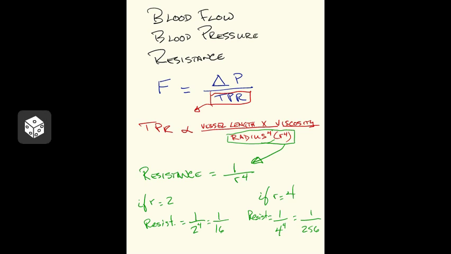And that's directly proportionate to the length of a blood vessel. The longer the vessel, the more resistance. It's also directly proportionate to the viscosity of the blood. The thicker the blood, the more resistance. It is inversely proportionate to the radius to the fourth power. Now, we're going to look at that in more detail next.